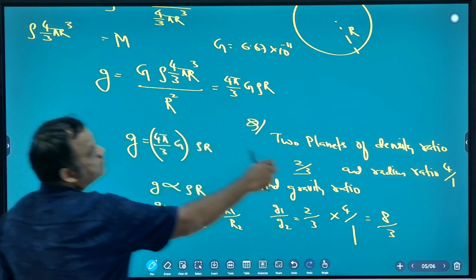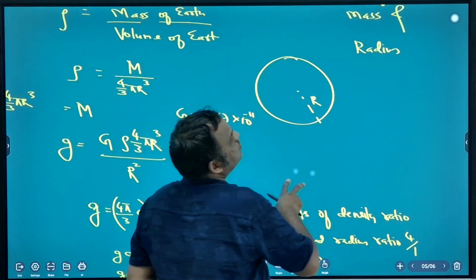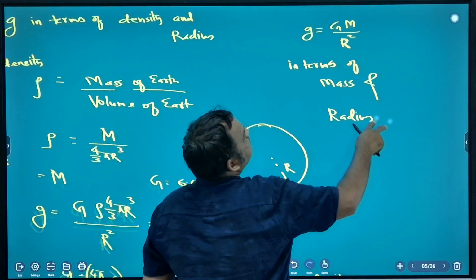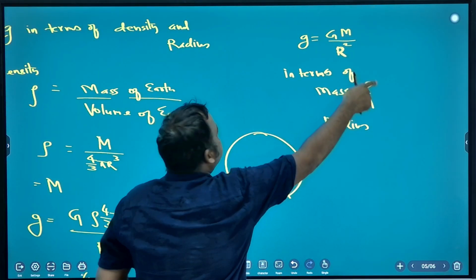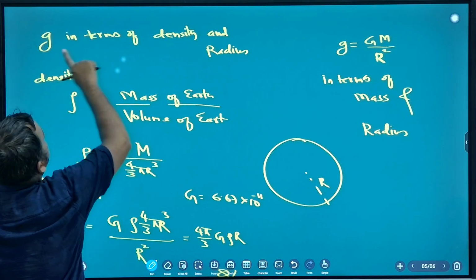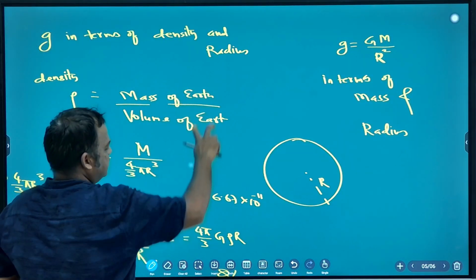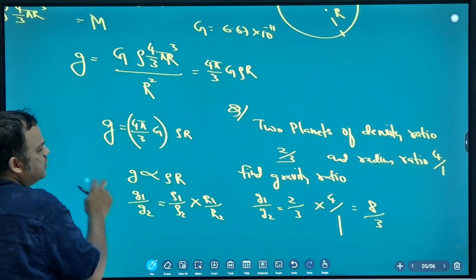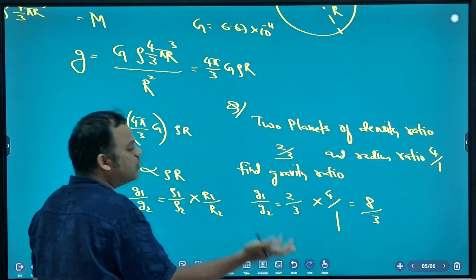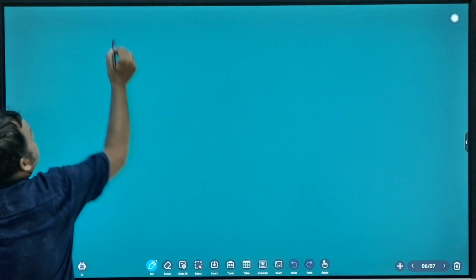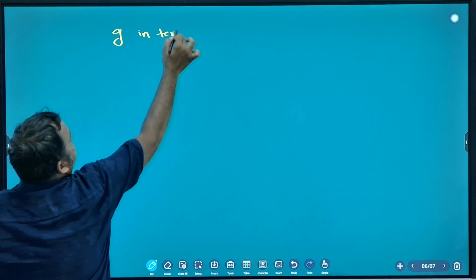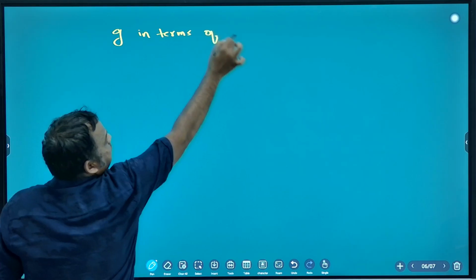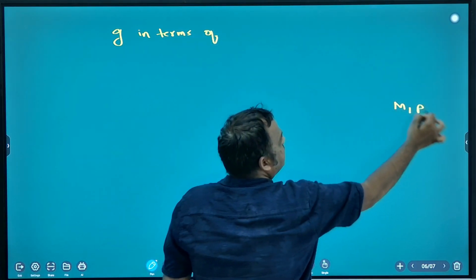Next, so this is g in terms of mass and radius, GM by r square. Now we have done it in terms of density and radius. So this is the formula, density and radius. Okay. Next, you tell me, g in terms of what? We have seen mass and radius, density and radius.